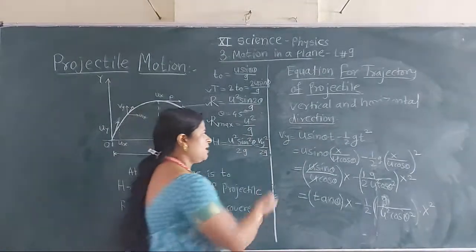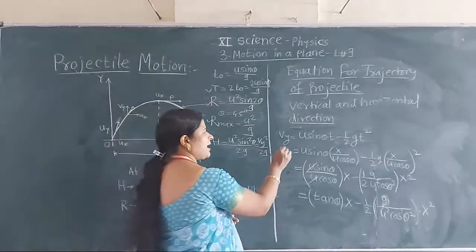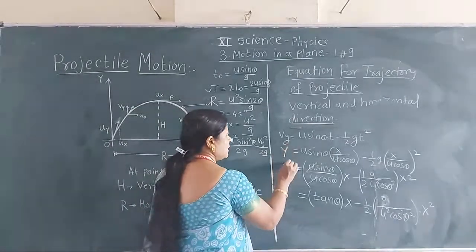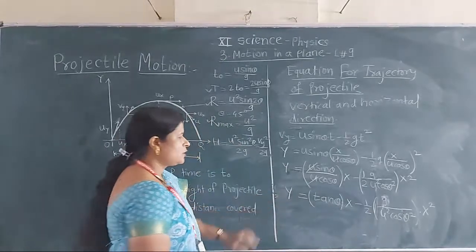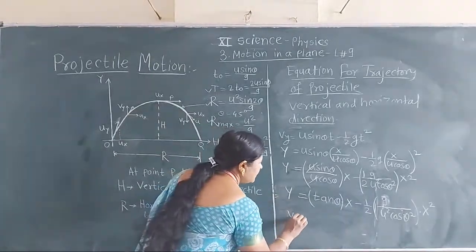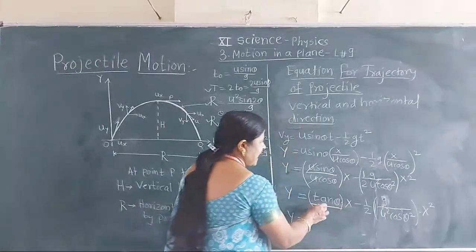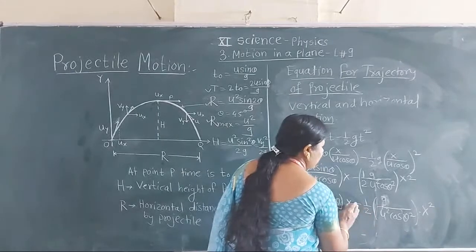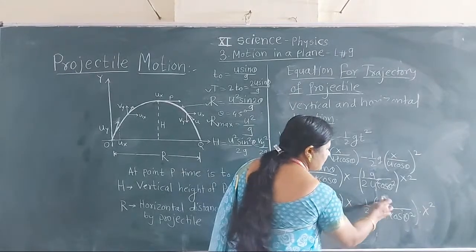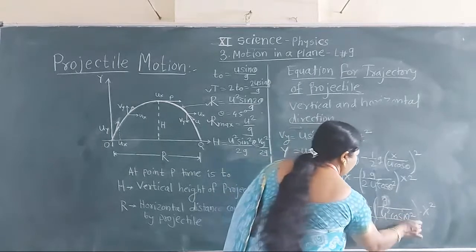square. Now this equation is the equation for trajectory of a projectile. Therefore, we can write it with the letter y. So we get y is equal to, now I can use tan theta as a and minus 1/2 g divided by u square cos square theta for b.